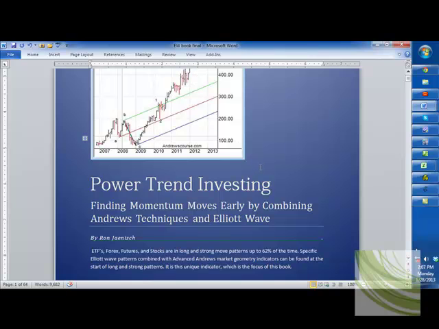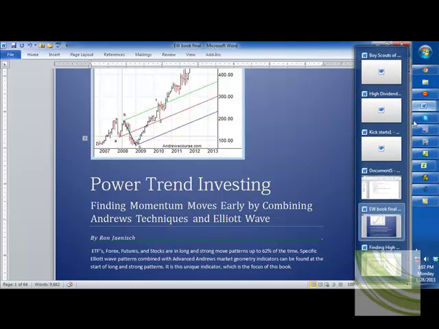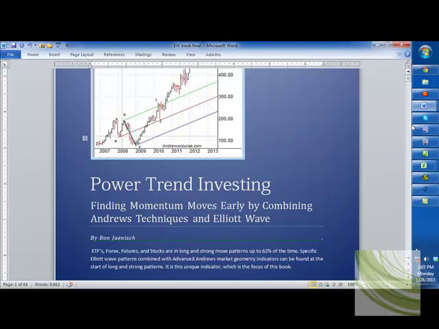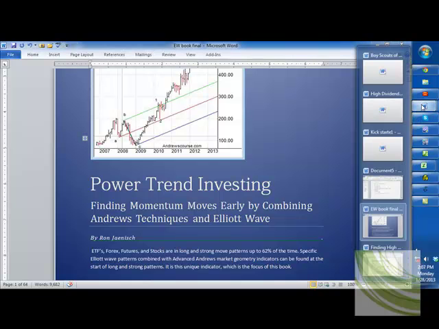Now, there's a lot you can do with combining Andrews and Elliott Wave, but if we start you out with these powerful moves, and you can get that up and running, you'll probably want to take the course. That's the whole idea of getting you to see the 45-minute video.